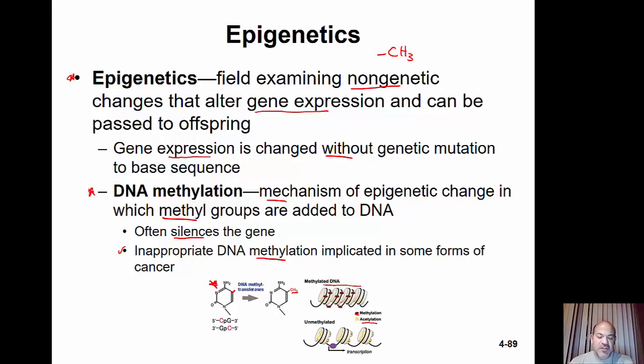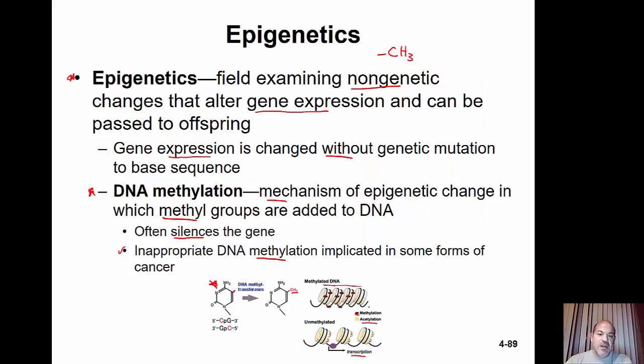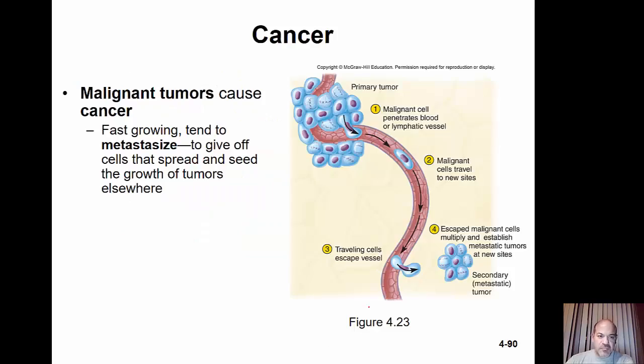So methylation would work to suppress the gene, and acetylation would work to make that particular gene transcribable. So when it's acetylated, it's open to expressing, but if it's methylated, it would be turned off. Now this methylation can actually be passed on. There you go with epigenetic change that reduces the transcription of certain genes, basically silencing them.